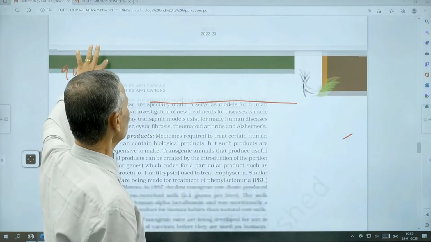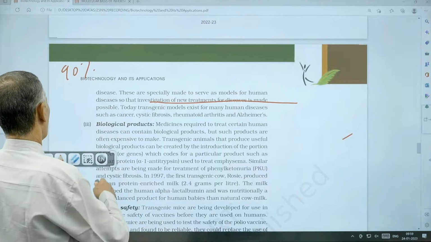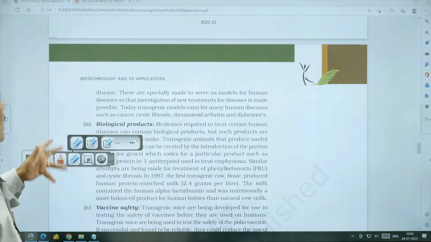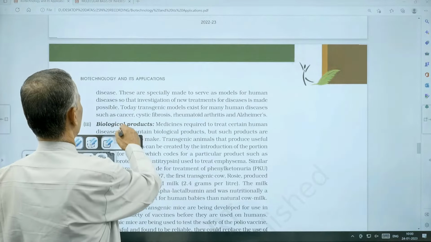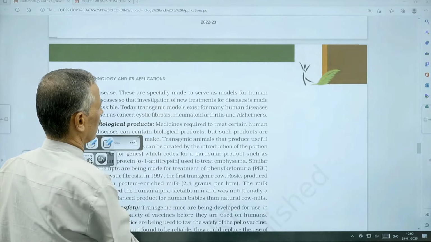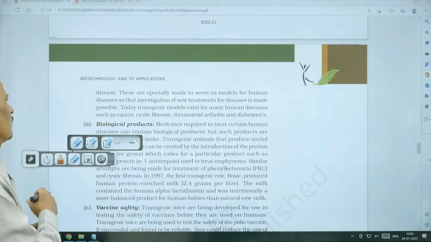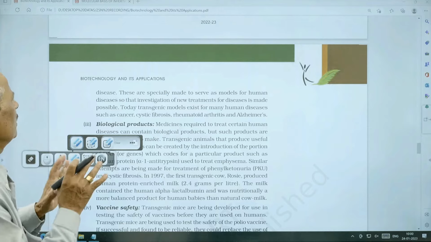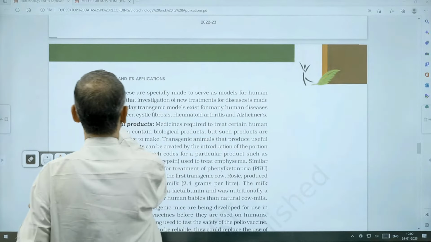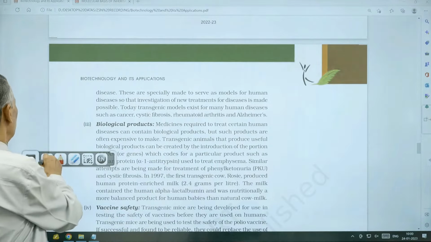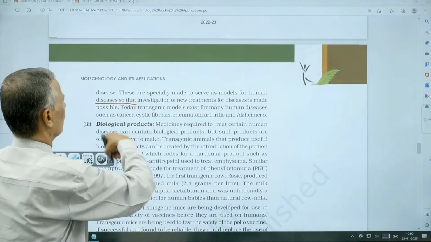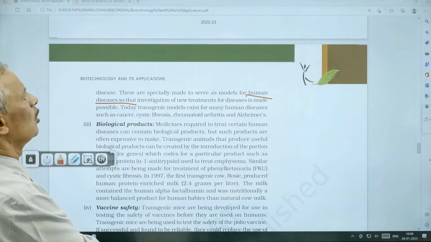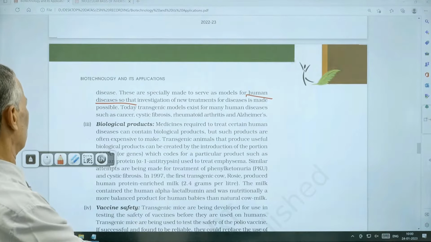Deliberately, we have produced such animals called model animals, which are helping us to understand how we change into sick conditions like cancer, cystic fibrosis, rheumatoid arthritis, Alzheimer's, etc. So, transgenic animals are produced just to study, they act as models for human diseases. Okay, so that we can study on them how we become sick and what are the methods to prevent them, how we can make treatment possible, like that.